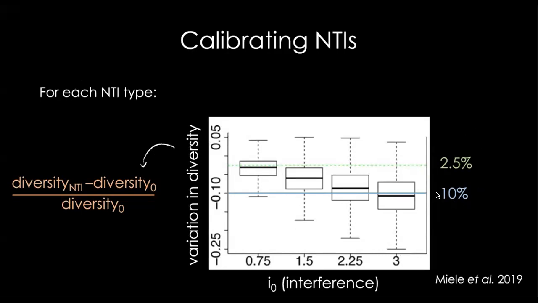So then we'll have the same range for all interaction types. This means that by doing that, we're trying to put all non-trophic interactions on the same scale. They all have strengths that correspond to something that leads to between 2.5 and 10% change in species diversity compared to a food web. Again, this can be discussed, but this is what we did in this study.